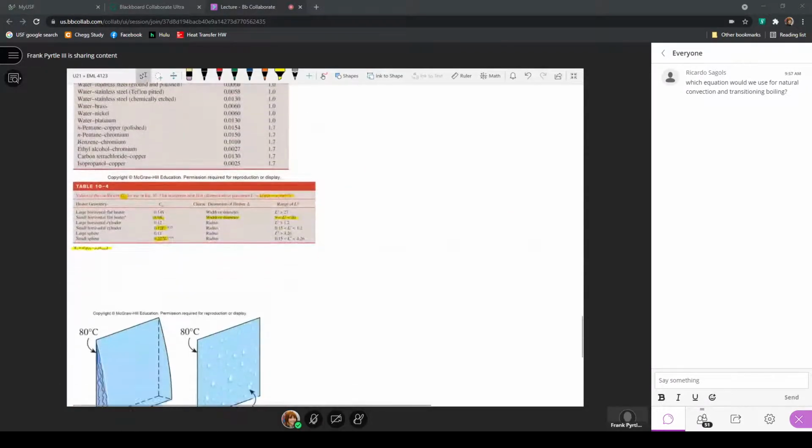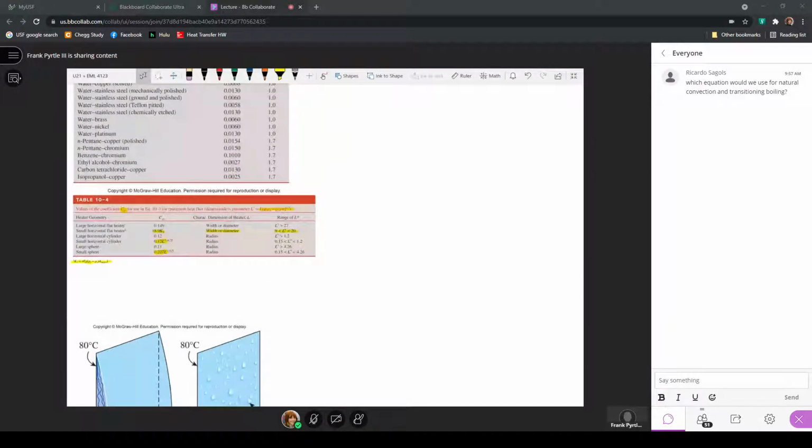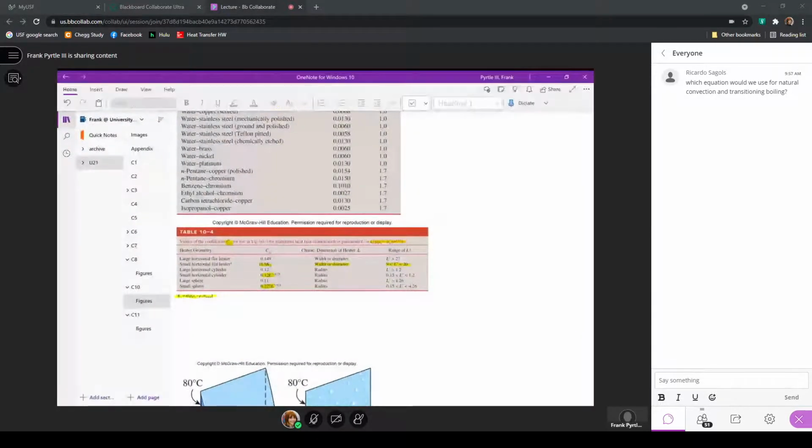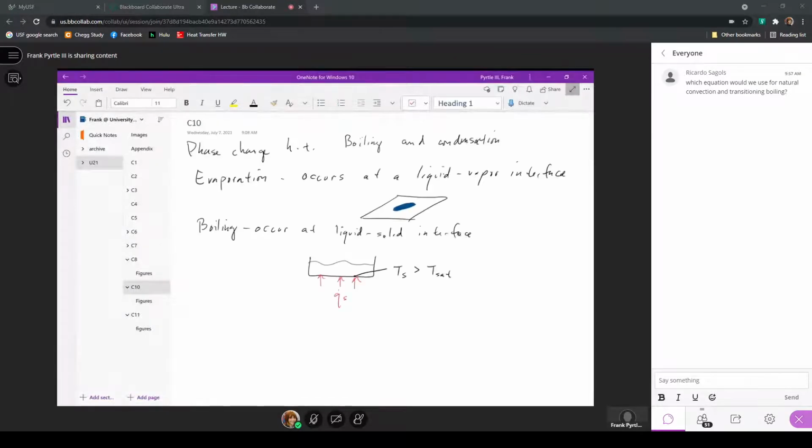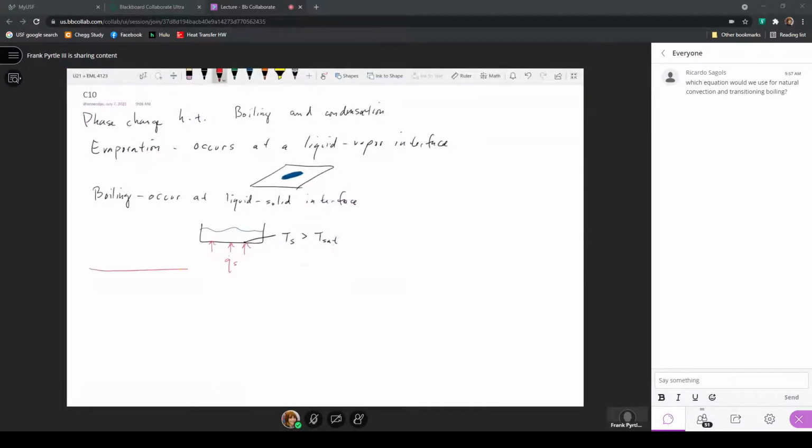And actually, before I move on to condensation, I want to just look at an example of how we would go about getting properties and selecting the appropriate correlation for that particular problem. So let's say we have a heating element. That is just for boiling water here.